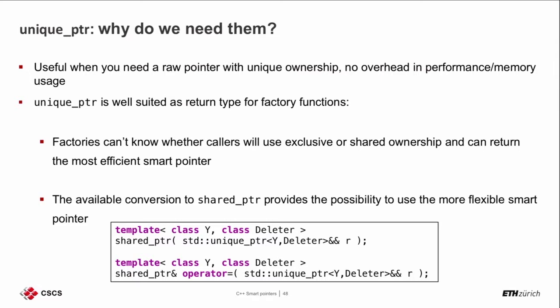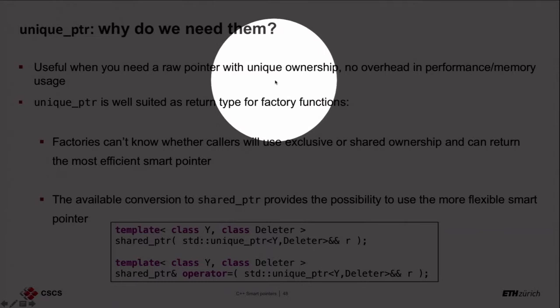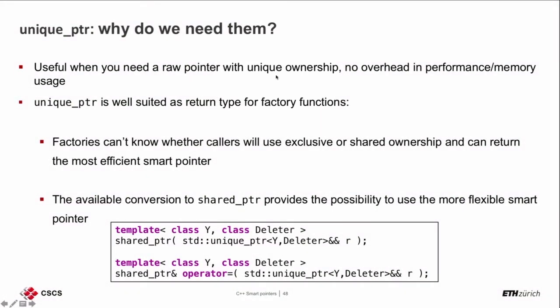So you don't have any performance overhead with respect to raw pointers, but at the same time you have full control over memory deallocation because you're still using the RAII idiom. Of course, you can only use them if you need unique ownership. But in this case, if you need unique ownership and you're planning to use a raw pointer, you can just use a unique pointer because you don't have any performance overhead, and at the same time, you will have automatic management of memory allocation and memory release.